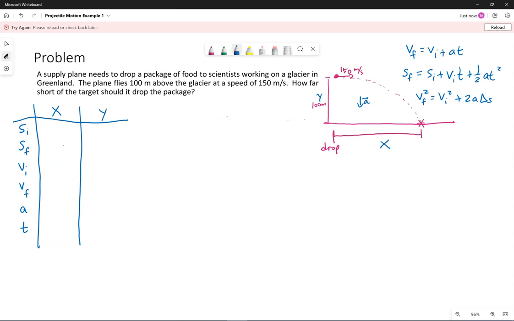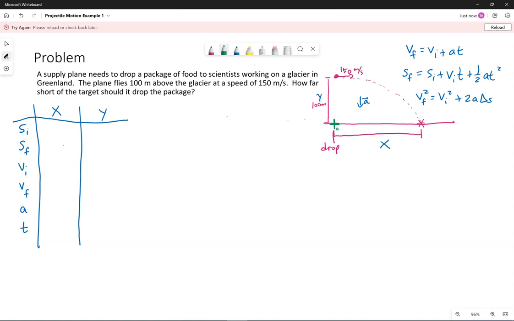We do need to choose an origin. We can choose our origin wherever we want, really. We could either put it where the package is initially or at the ground, underneath where the package was released. The difference is just our initial and final positions.